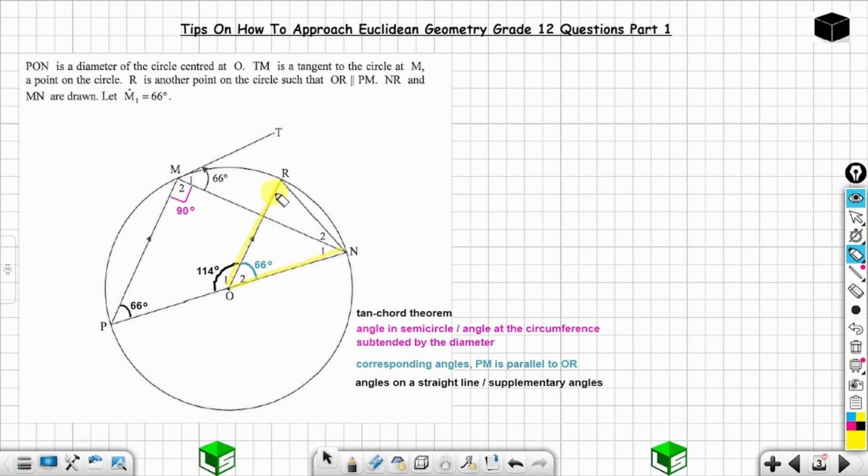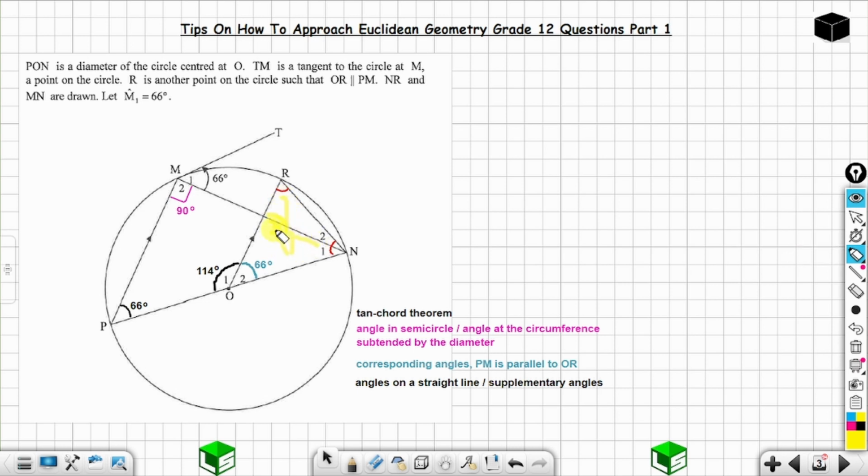You know that this angle, which is opposite to this side, and this angle, which is opposite to this side, are equal because these two angles are opposite equal sides. So you can say this angle, N1 plus N2, are equal because they are opposite equal sides.